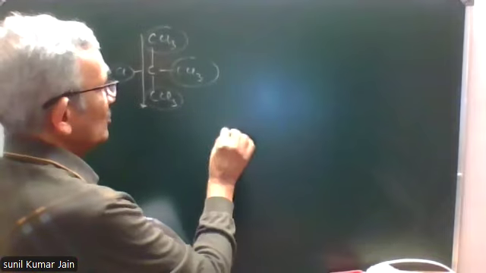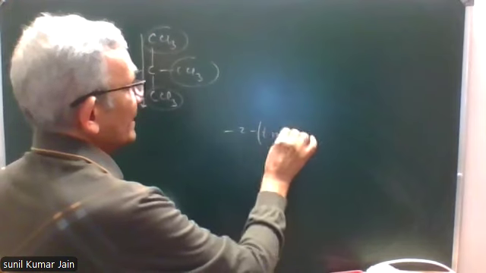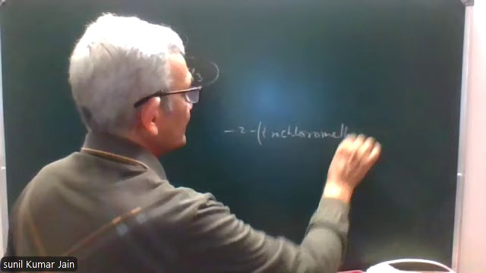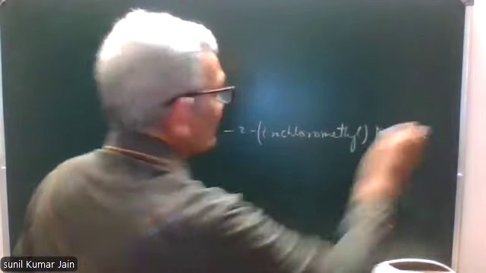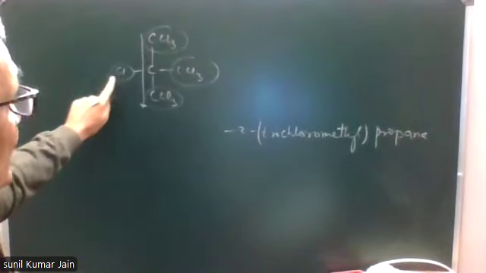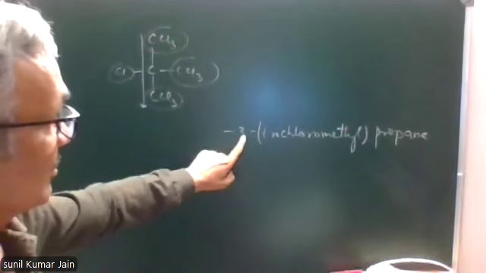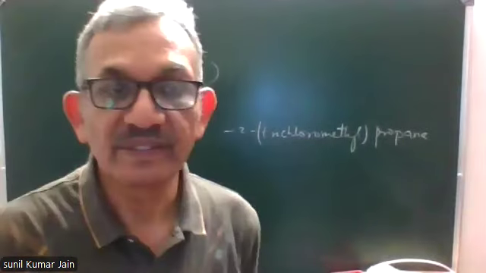After heptachloro, 2, this will be trichloromethyl propane. I'll repeat the complete IUPAC name: 1,1,1,2,3,3,3-heptachloro-2-(trichloromethyl)propane.